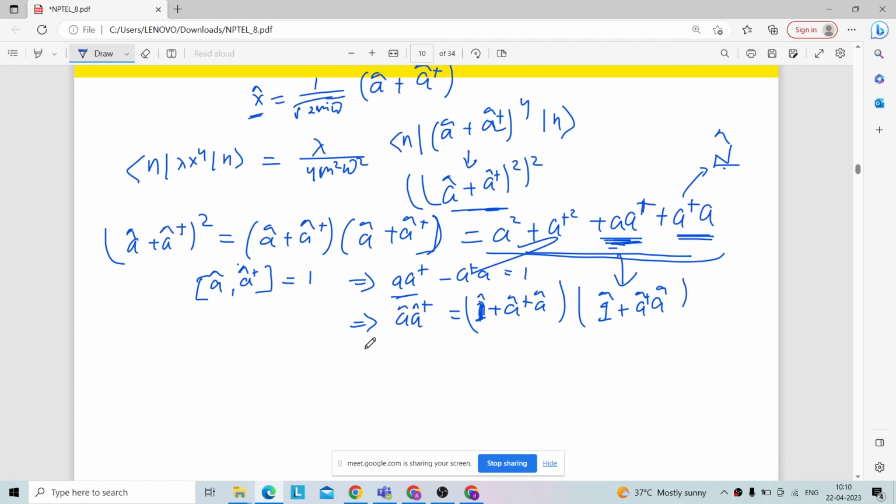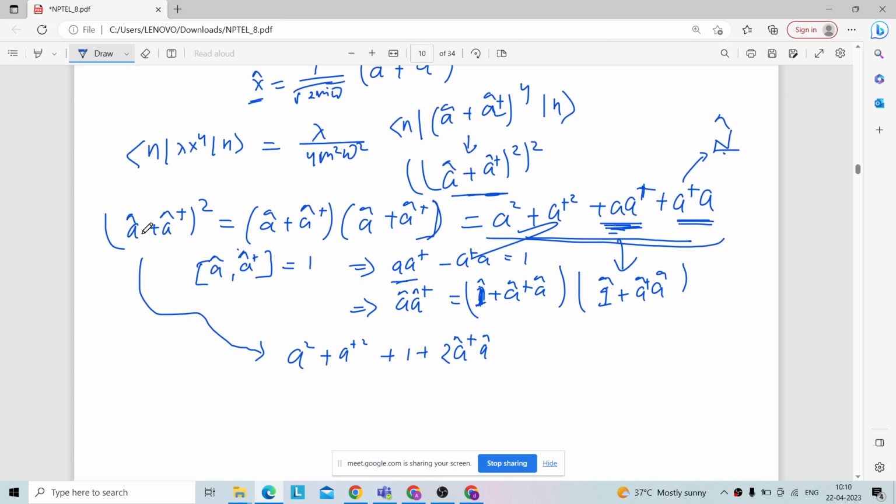So now this square term will become a² plus a†² plus 1 plus 2 a† a, right?